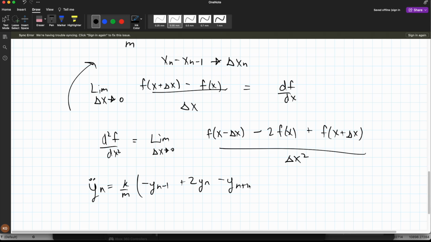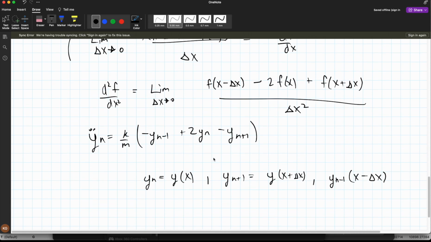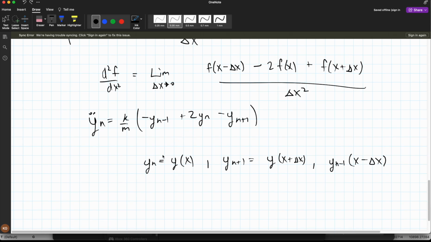Minus y_{n+1}. And then if we look at this equation here, it looks kind of similar. I mean, if we say y of n is really y of x, so it's some x position, then y of n plus 1 is going to be y of x plus delta x. And likewise, if we go one position left, y_{n-1} is y of x minus delta x. If we make these n's as small as we can go in this continuous limit, then this equation we've written here looks almost like our second derivative.